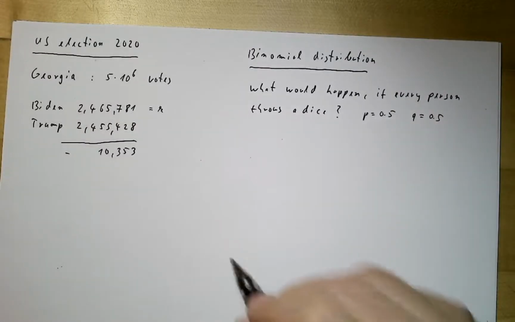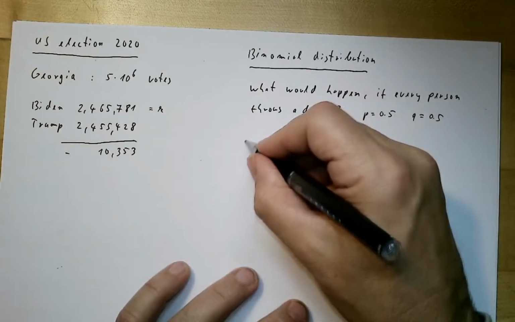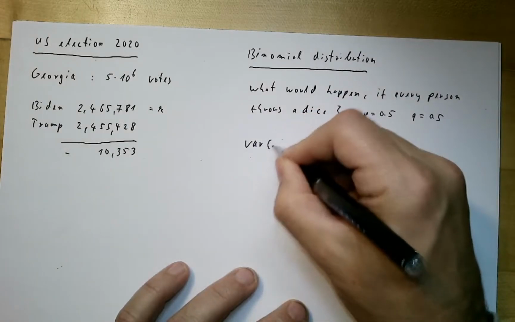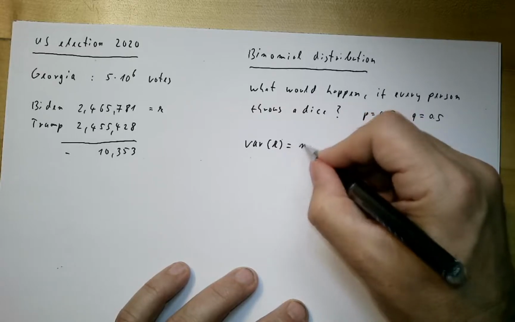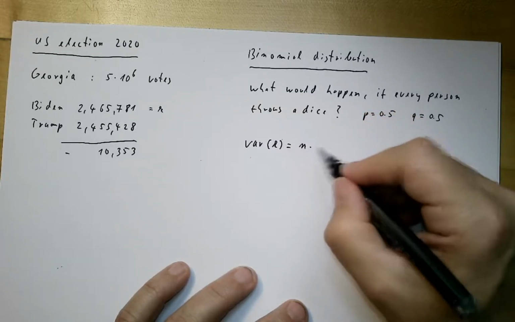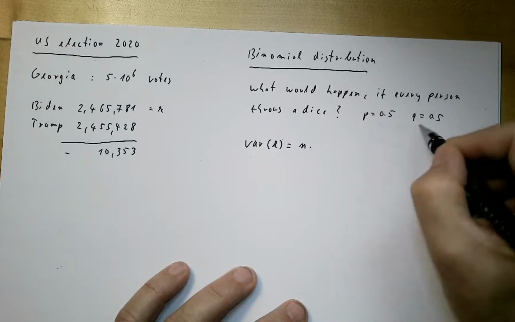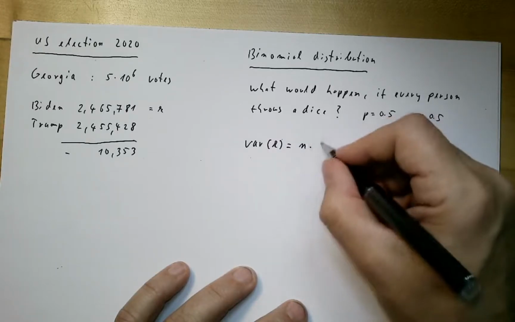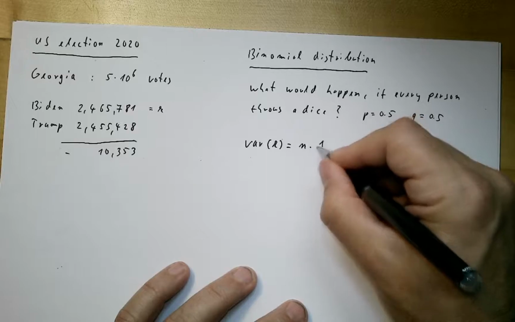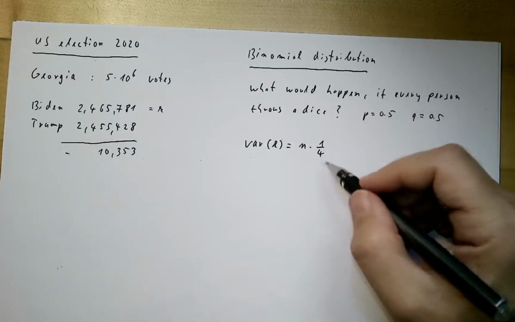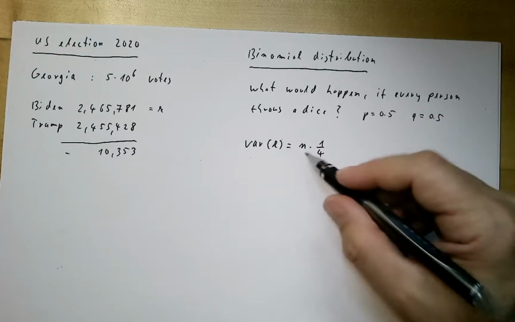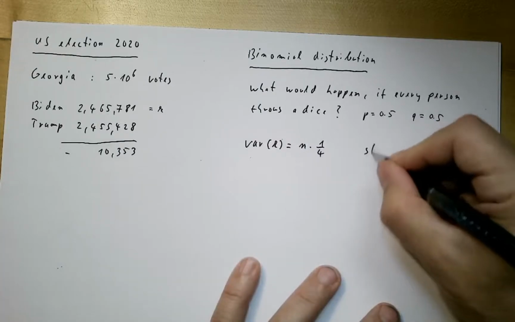So what's the standard deviation? Let's first write the variance. The variance of k was n times p times q. If both are 1/2, this is n/4. That's the variance of k. And so what's the standard deviation?